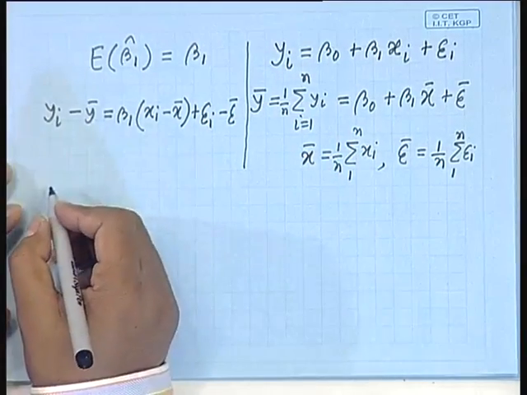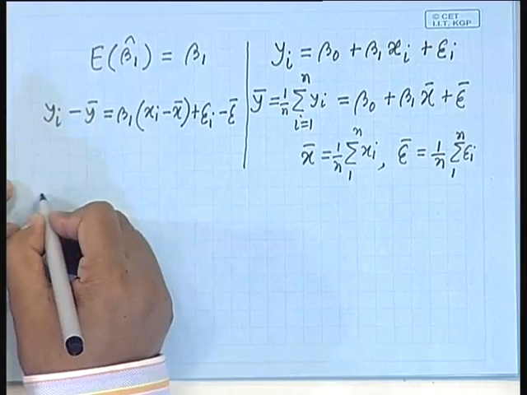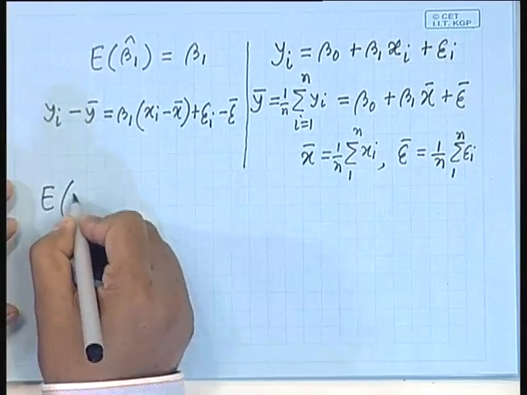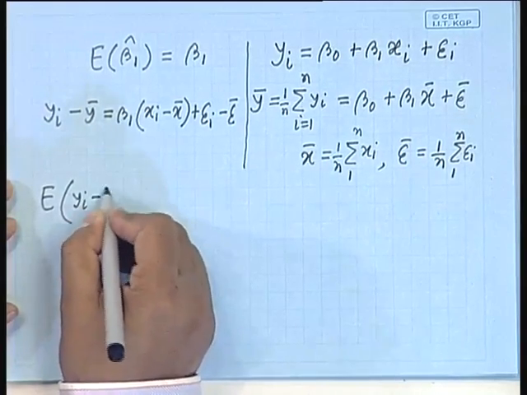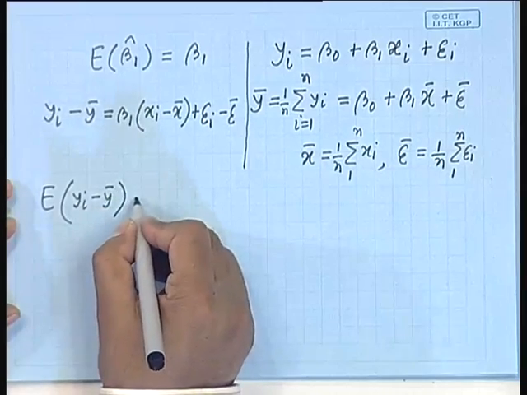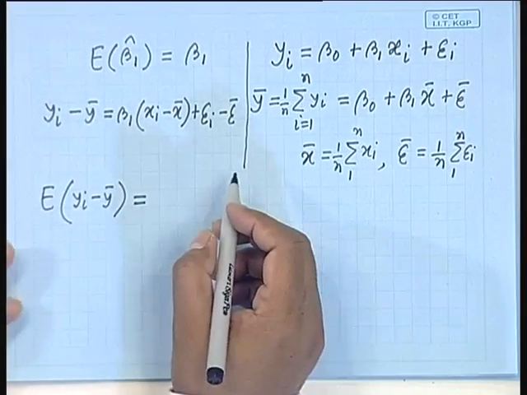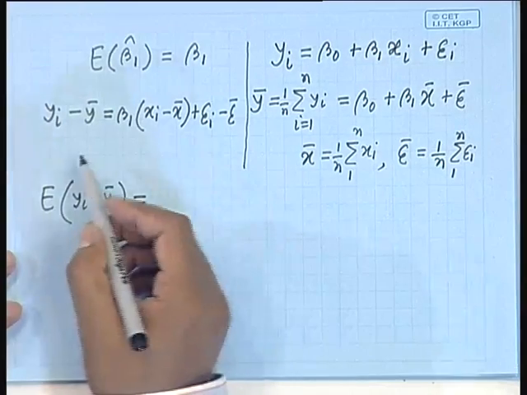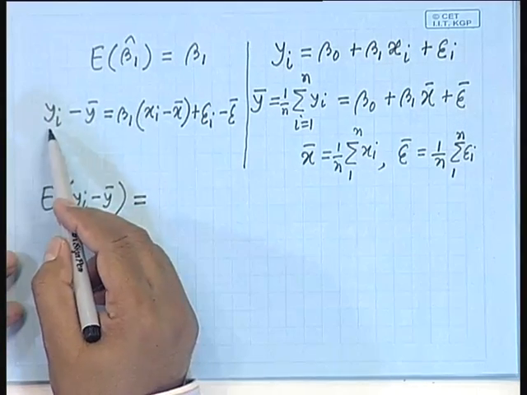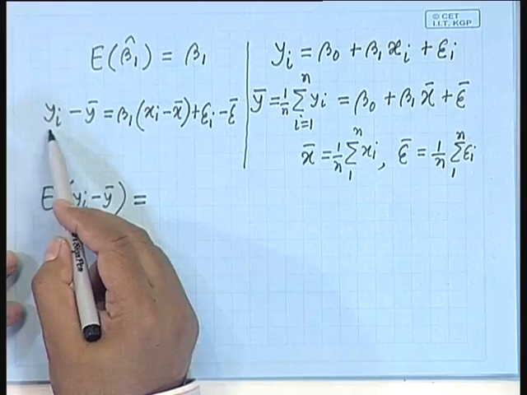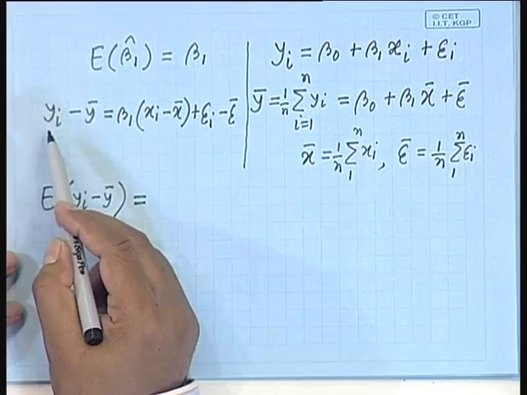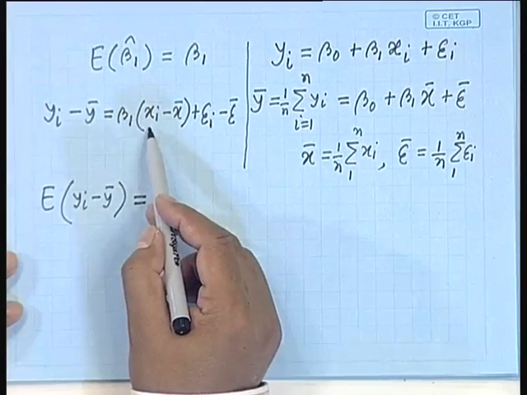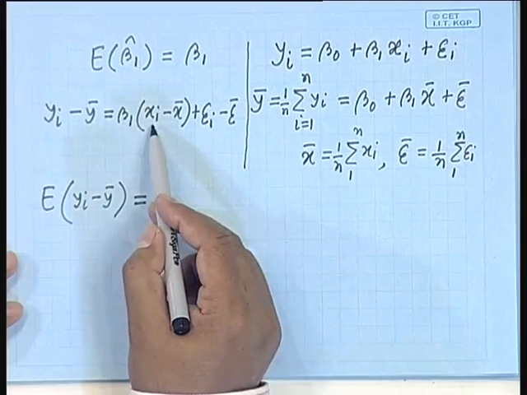Okay. So, the expected value of yi minus y bar is equal to, see, one thing you should always remember: the response variable y is a random variable, but x is not a random variable, it is a controlled variable.